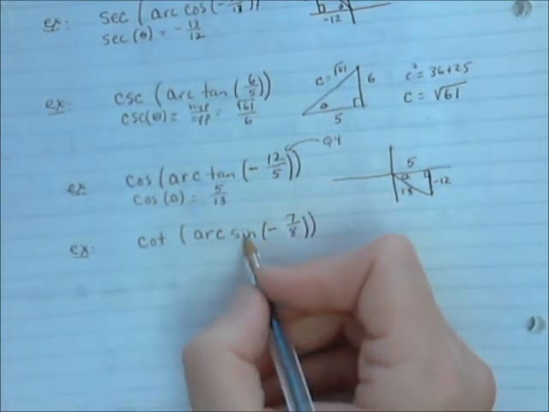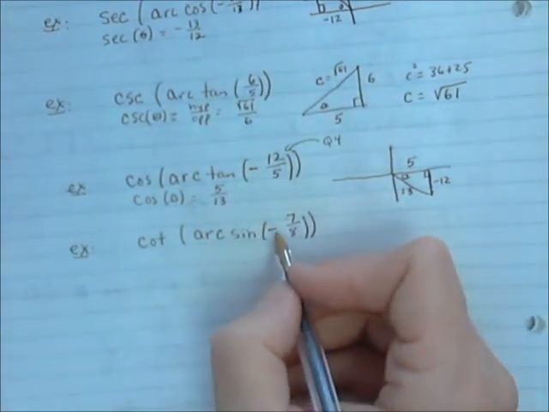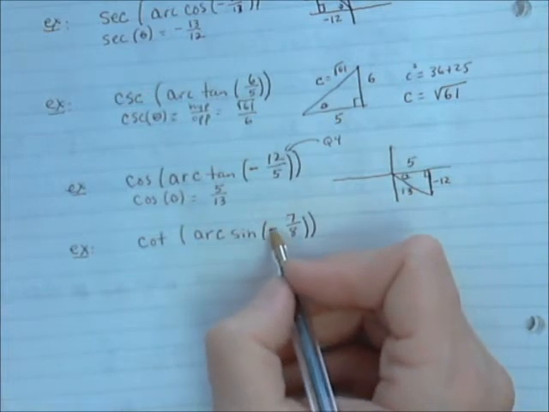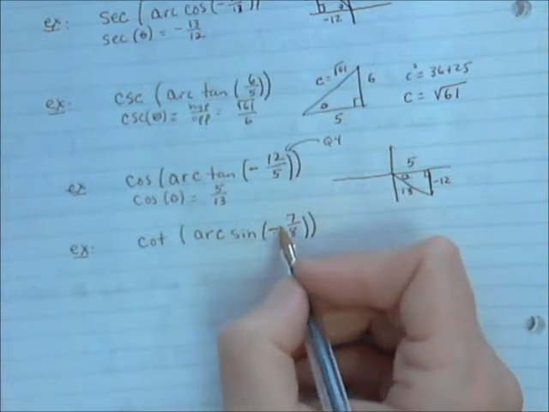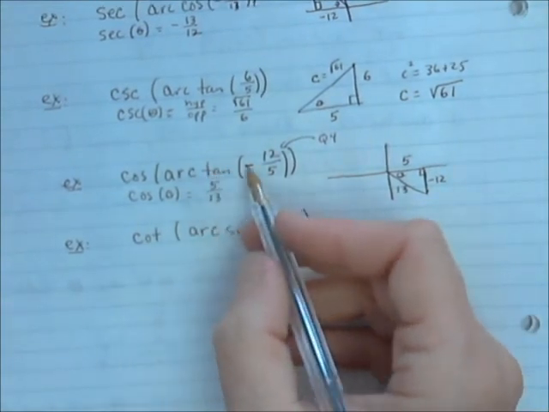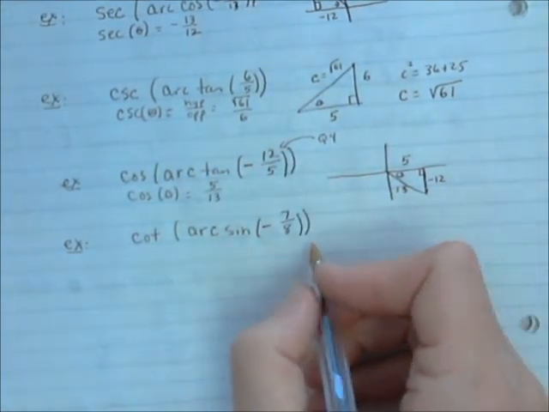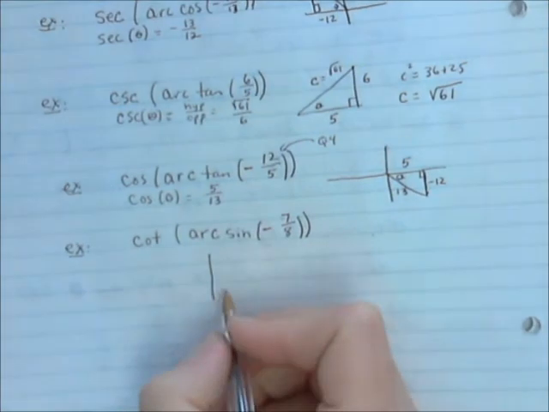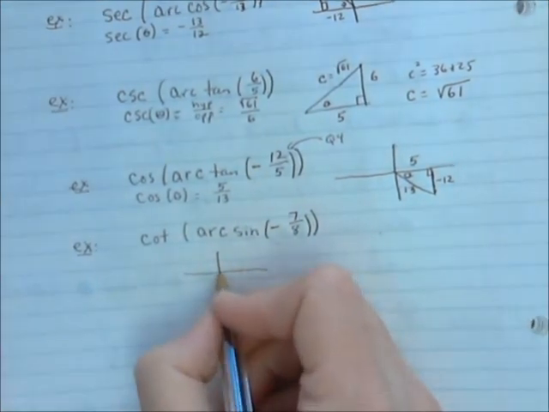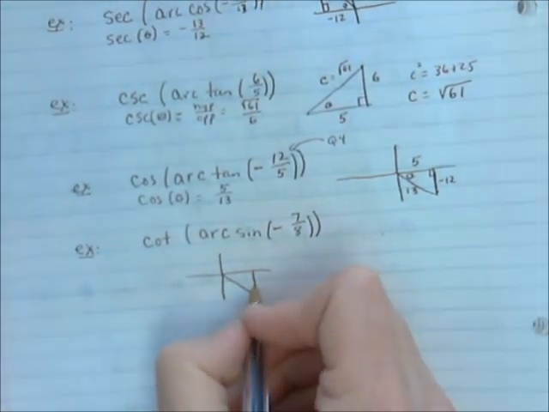Well, the output of arc sine will be in quadrant 4 because we've got a negative input, so this is another quadrant 4 angle, just like with arctan. If it was negative, it would be quadrant 4. So down here, I'll draw a quadrant 4 angle.